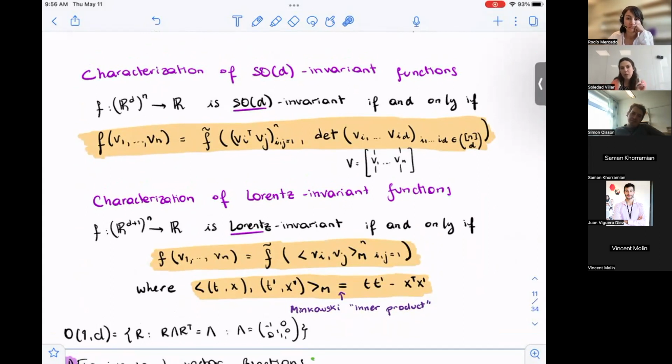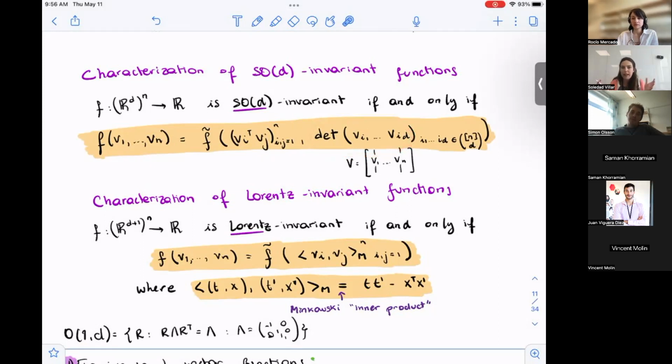The invariants for that action are not just the inner products, but also the subdeterminants of D by D submatrices of your matrix of vectors.